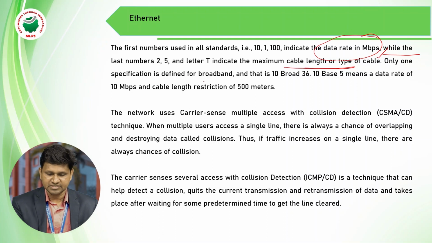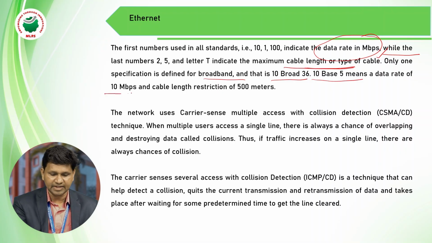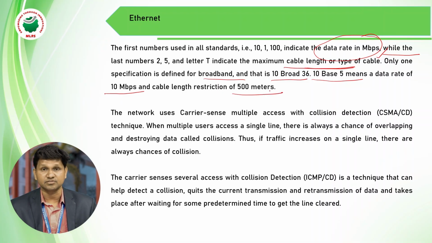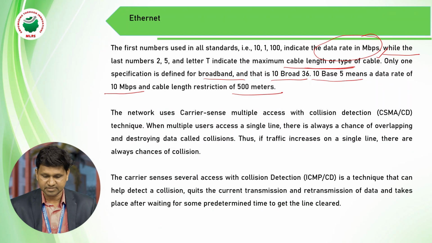Only one specification is defined for broadband, that is 10Broad36. 10Base5 means a data rate of 10 Mbps and a cable length restriction of 500 meters only. This is the main difference between broadband and baseband.